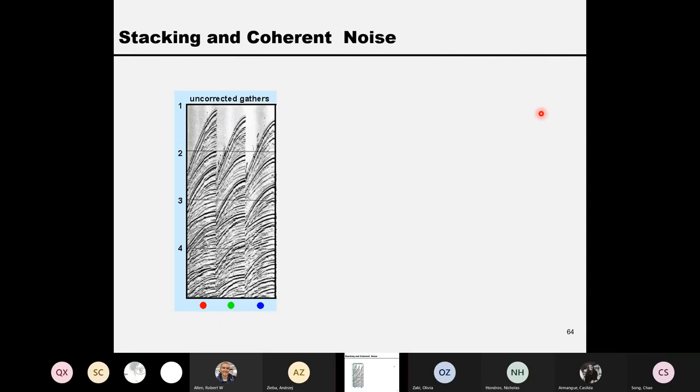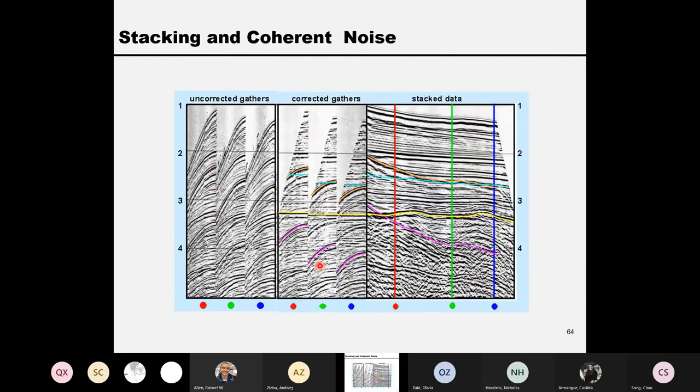We saw this diagram before. We have 3 CMP gathers named red, green, blue. We have water bottom reflection and some reflections, but this looks like a multiple, this reflection, right? After NMO and the stack, we have this layer flattened.